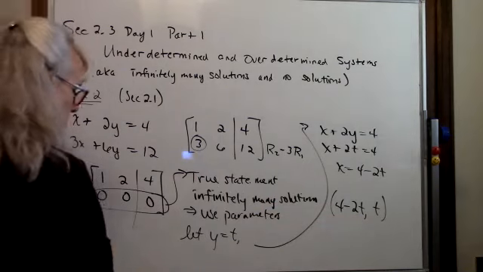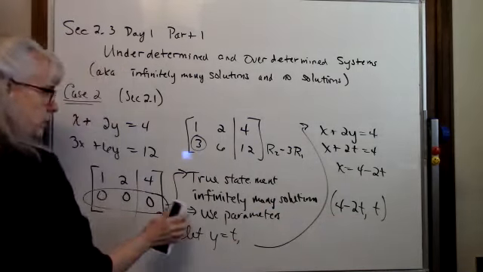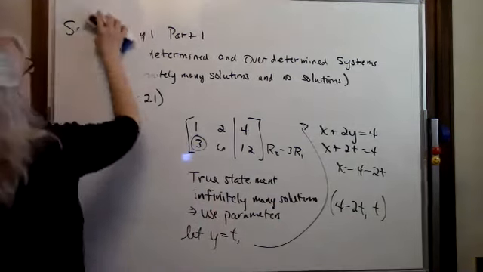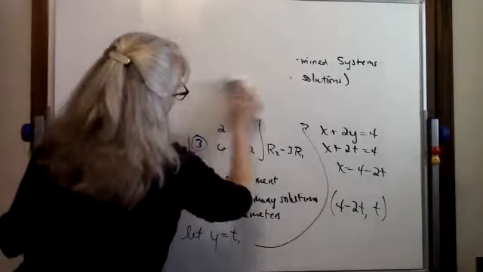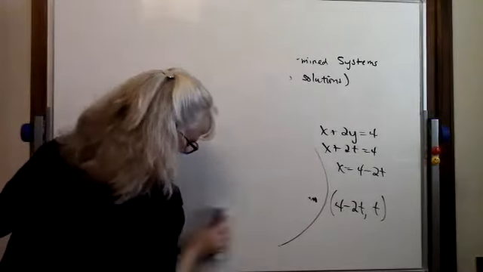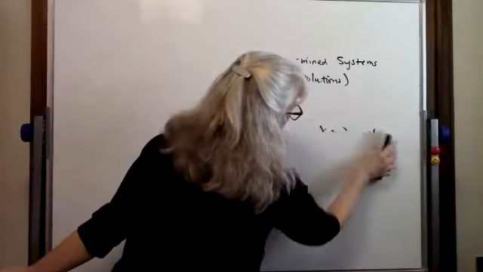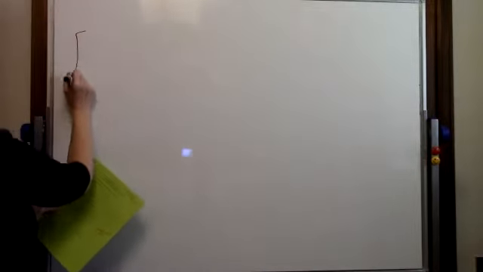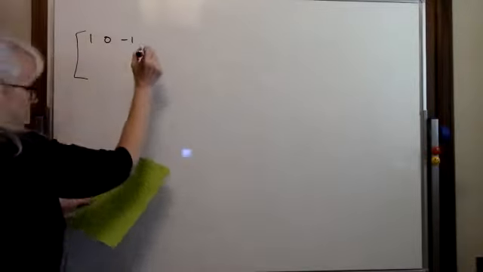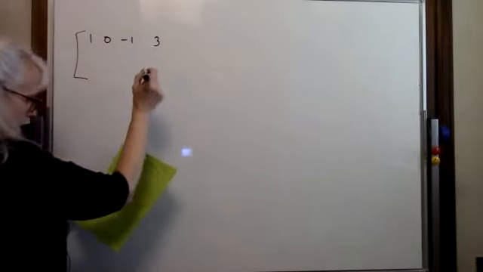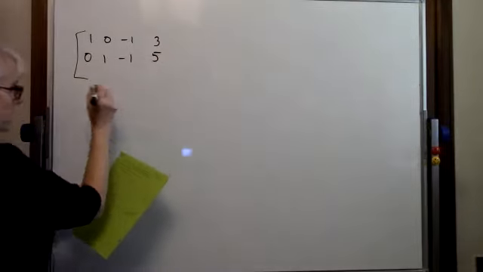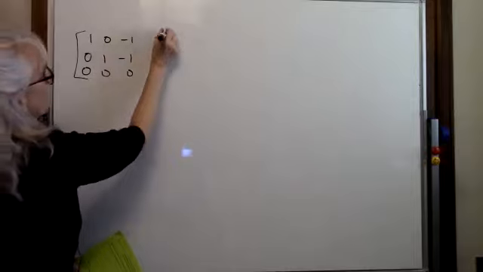Let's go with a 3x3 system just to show you how you use the parameters when it's a little bit larger system. So as an example, another example of case 2, what if you're given 1, 0, negative 1, 3, and then we have 0, 1, negative 1, 5, followed by 0, 0, 0, 0.